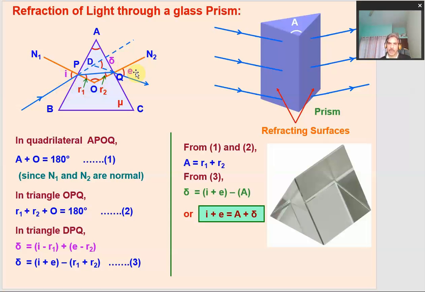And also this refracted light ray PQ becomes parallel to the base BC of the prism. Due to that, an important result comes to the conclusion that R1 and R2 are both the same.